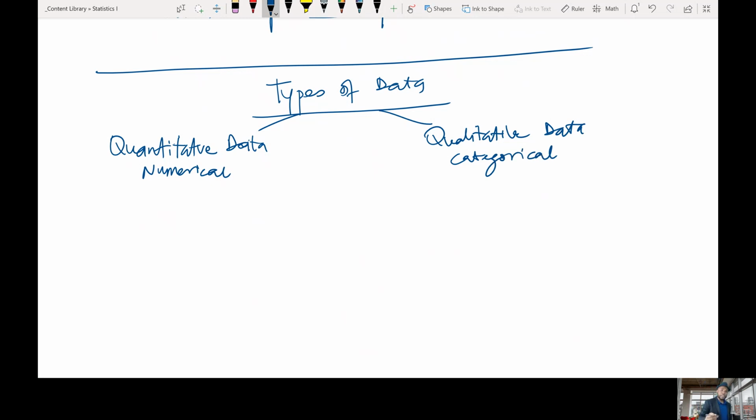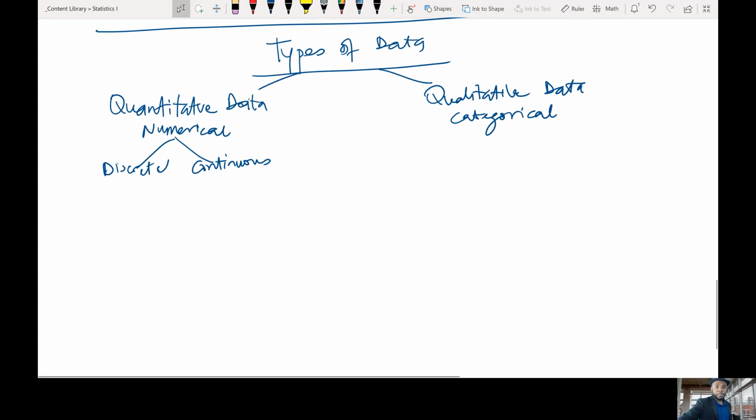Now, numerical data could be discrete or could be continuous. And of course, categorical data could also be broken down into what we'll see in terms of the levels of measurements. So these are the two types of data.